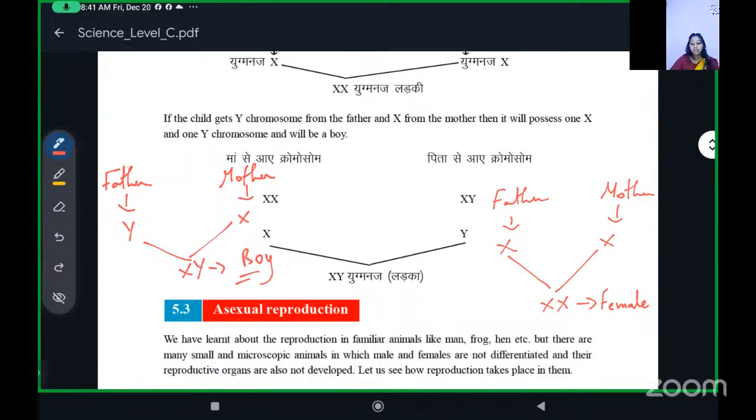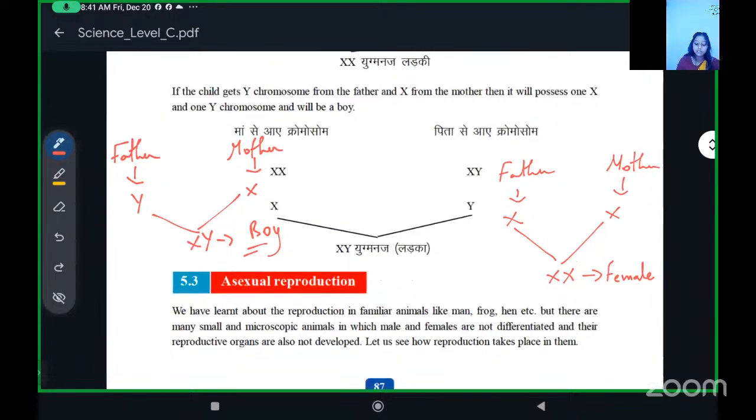So this is how chromosomes affect the birth of a boy or girl. Okay, so that is it.